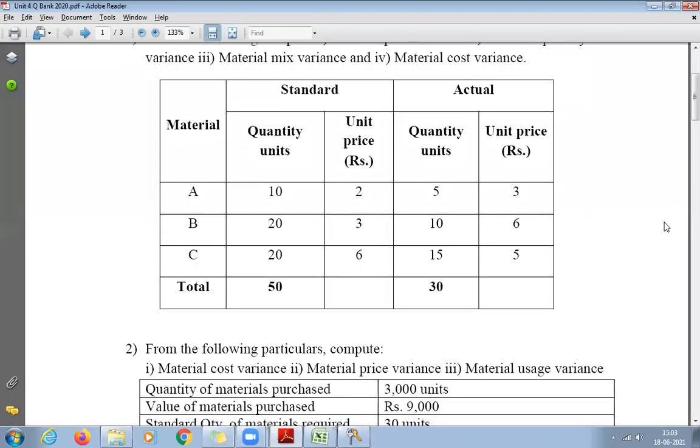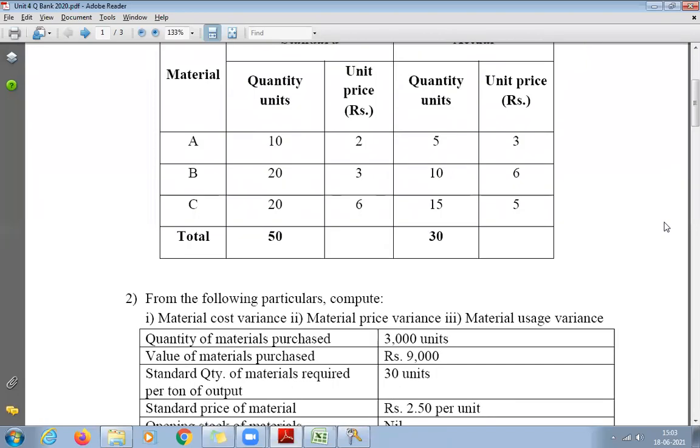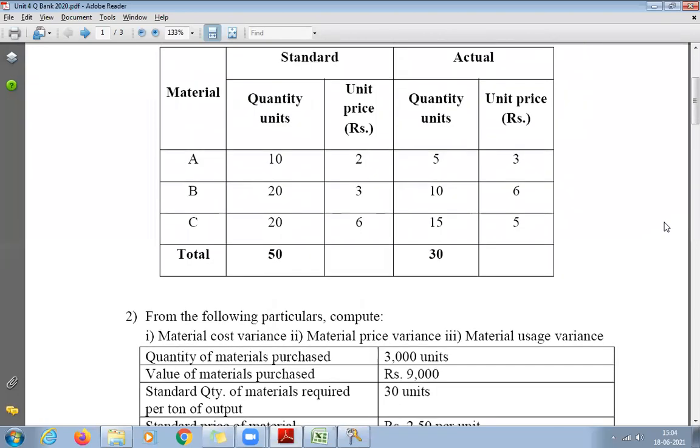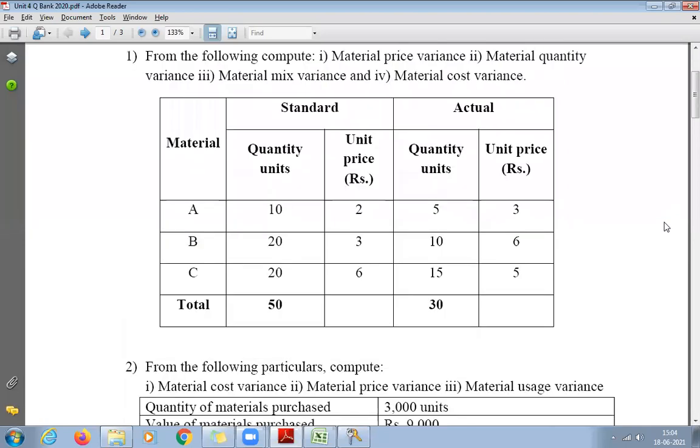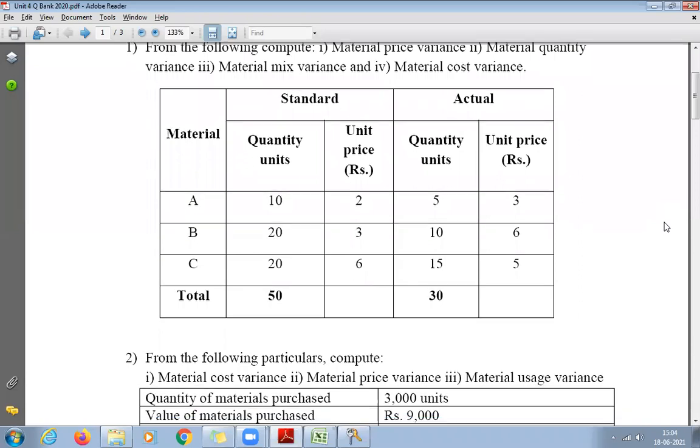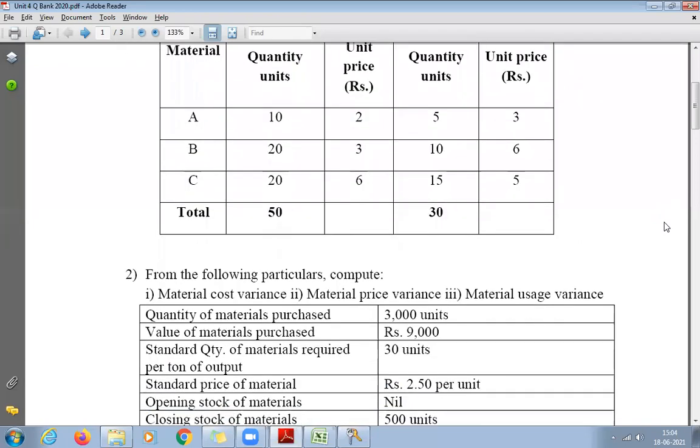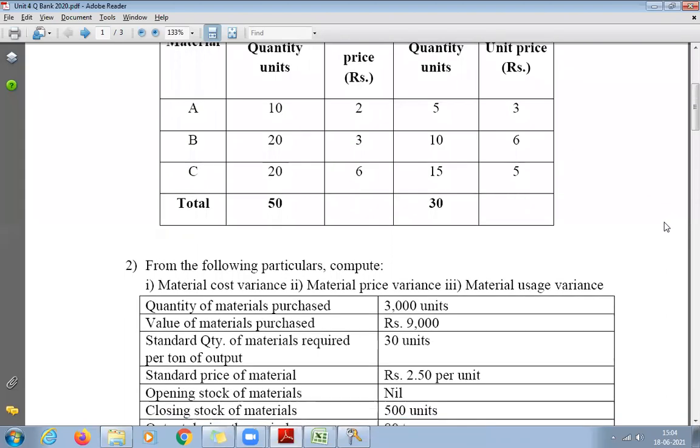What happened is he has not given us the output. He has only given the quantity and the prices of standard and actual, but how much is the actual output and how much is the standard output, we don't know. When we know the output, only then can we calculate that. That is why for the first question we didn't calculate that.